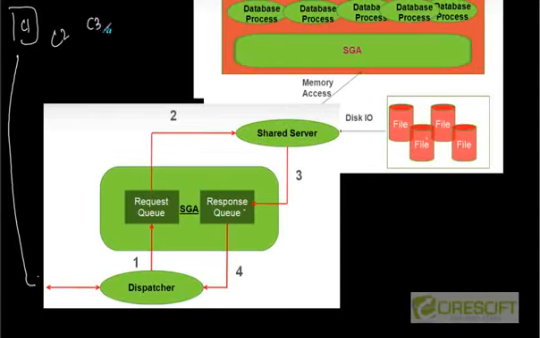C2 and C3. Let's say we have a parameter where we say how many clients per shared server. Let's say we are just having 3 clients per shared server.